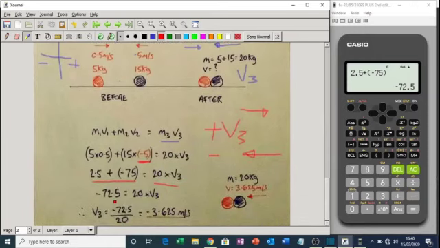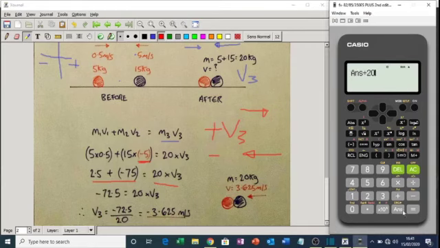So minus 72.5 is 20 times by v3. Bring the 20 down to leave the v3 this side. So keep the negative number in. So minus 72.5 divided by 20 will give us v3. Gives me minus 3.625, which means the velocity v3 is 3.625.